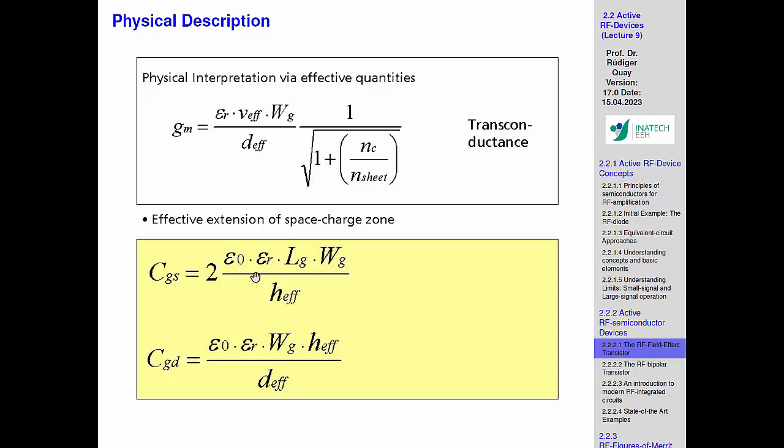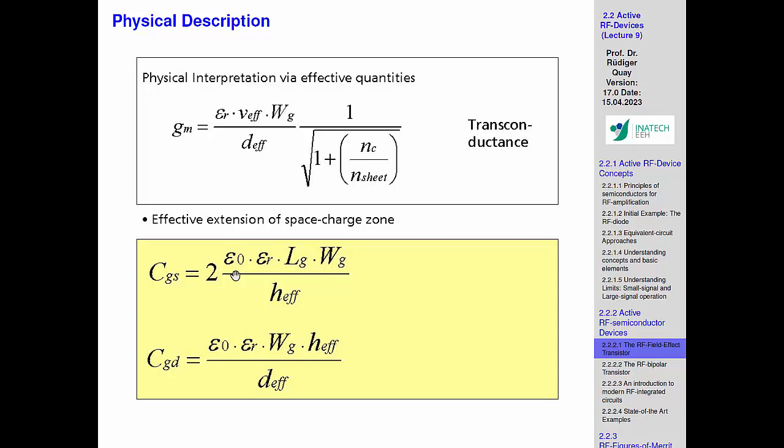So you see here for these two, in a first glance, you can say this distance df and this df and hf, they're not fully identical, but they are distances of the carriers to the gate. Yeah. So the problem is that the moment when you increase the transconductance, you're also increasing the capacitance. Because if you put carriers nearer to a gate, it sounds like a contradiction. You can control them better, but you also get more capacitance.